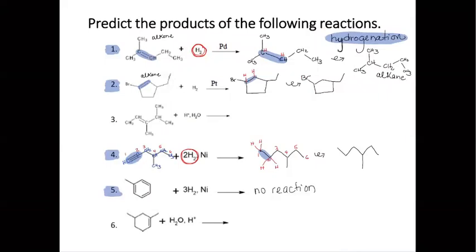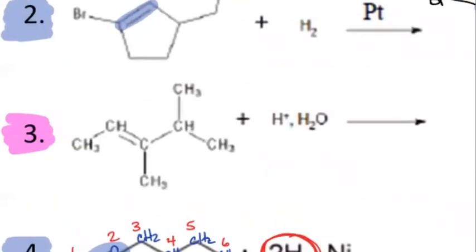Since there are no questions on hydrogenation, let's move on and talk about hydration reactions. In the examples that I have, we have two hydration examples, number 3 and number 6. Let's first look closely at the one on number 3.